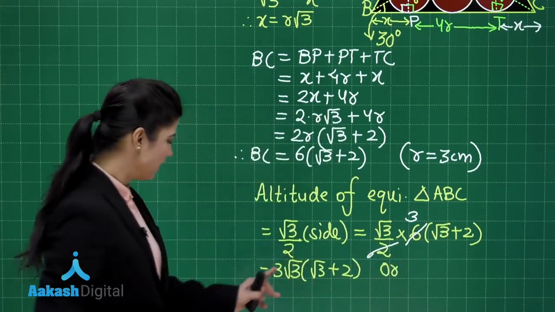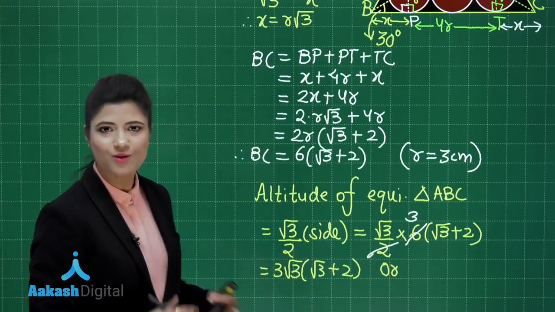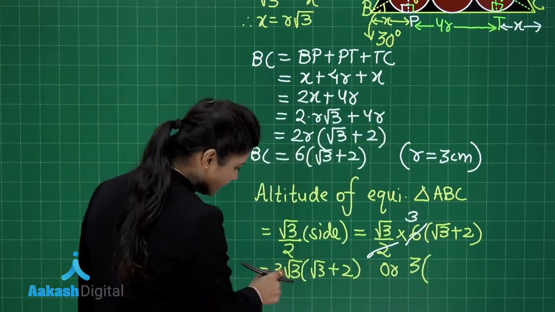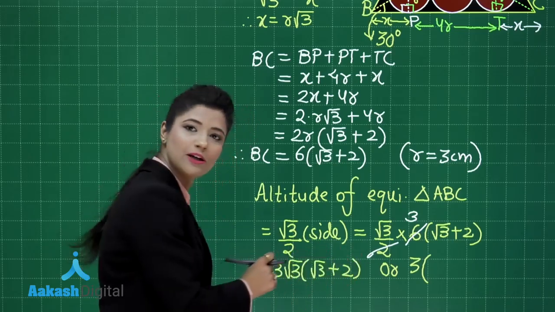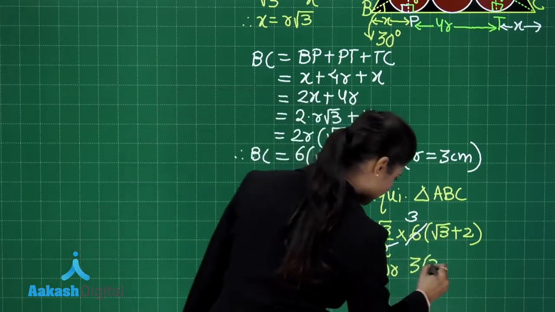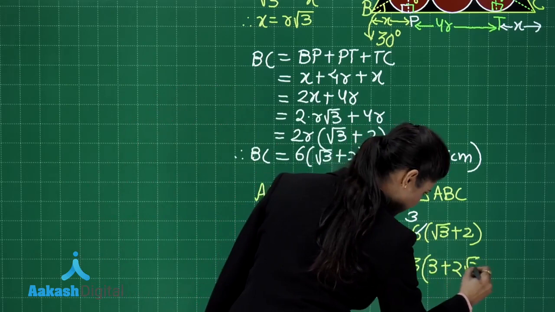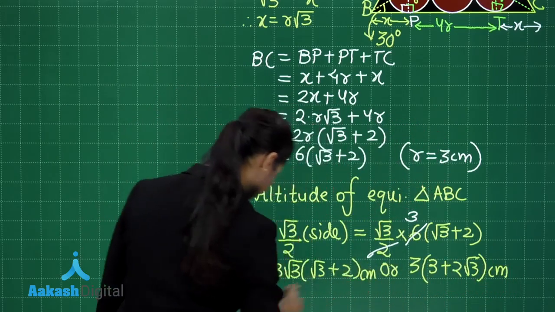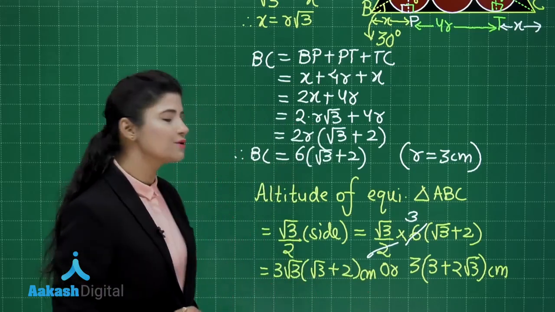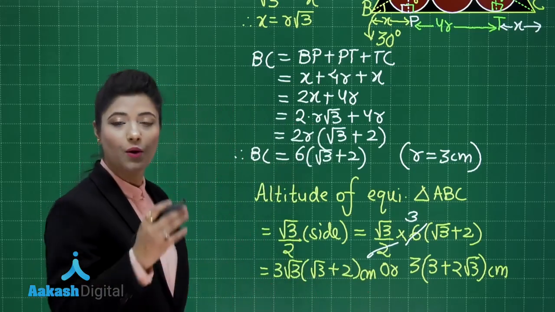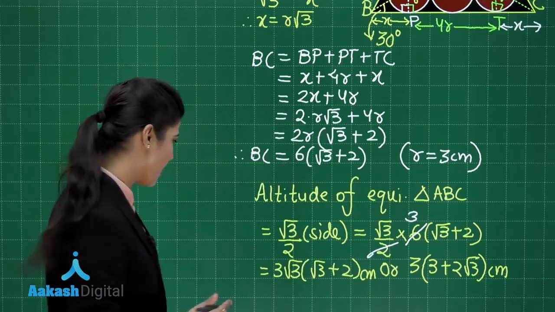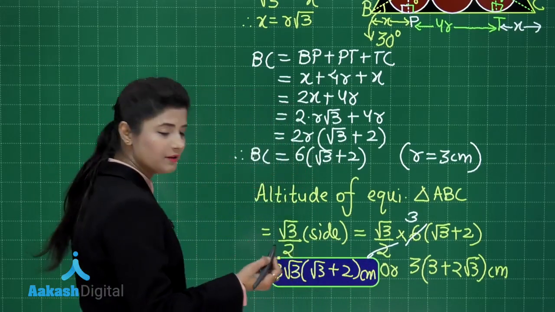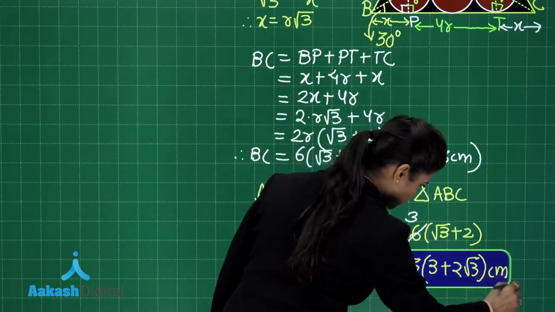You can multiply this root 3 with these two terms just in order to simplify it more. 3 is outside this bracket and root 3 is being multiplied to both these terms, resulting here 3 plus 2 root 3 centimeters. Okay, so now in this manner we are getting here the required answer for this question, that height, or you can say the altitude of this equilateral triangle comes out to be 3 root 3 into root 3 plus 2 centimeter, or 3 into 3 plus 2 root 3 centimeter.